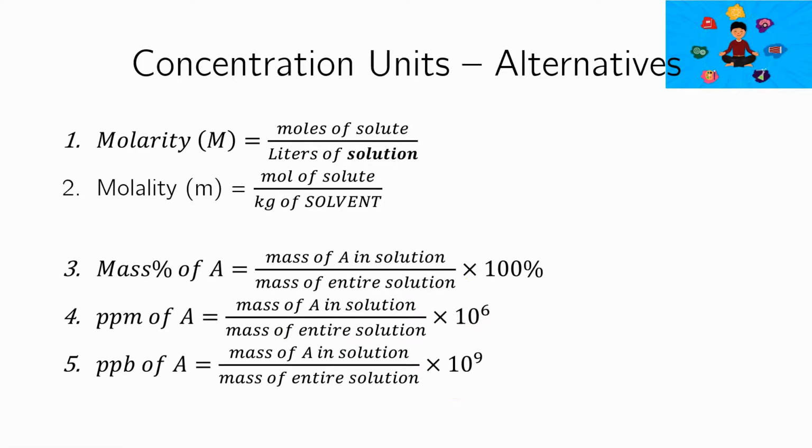Why do we do that? Because sometimes in things like, for example, environmental applications, the EPA would set a standard for a pollutant in water, and the pollutant concentration will be very, very low. Why? Because even in very, very low concentrations, it could cause harm to organisms and to humans.